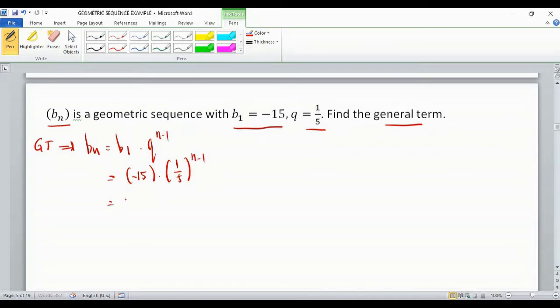From here, we can simplify it to be 1 over 5 power n times 1 over 5 power minus 1, right?